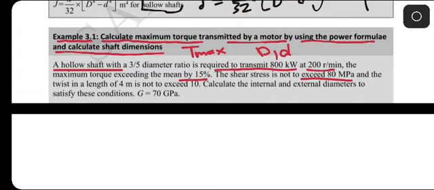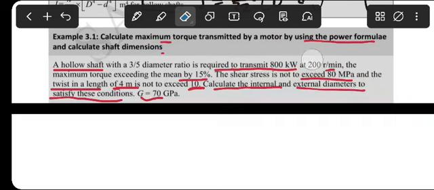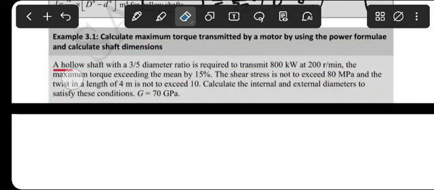And the twist in a length of 4 meters is not to exceed 1 degree. Calculate the internal and the external diameter satisfying this condition. You're given G, which is 70 gigapascals, the modulus of rigidity.